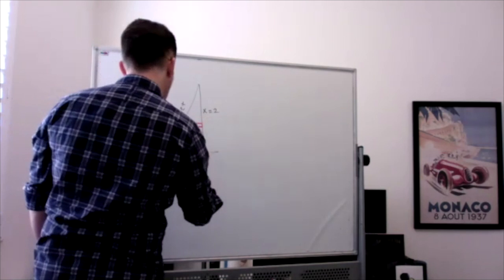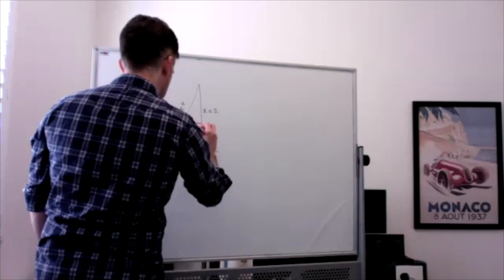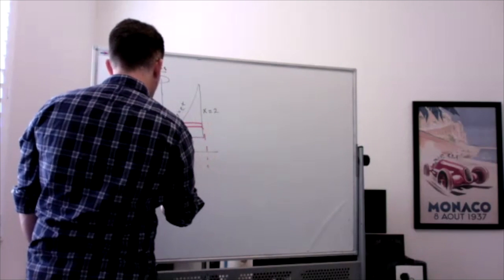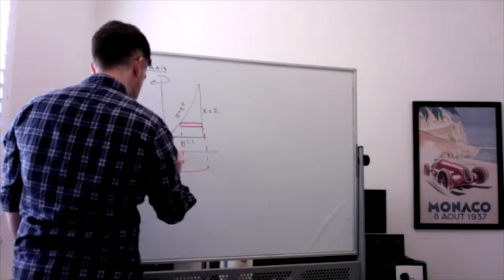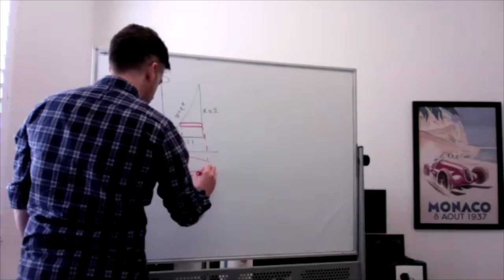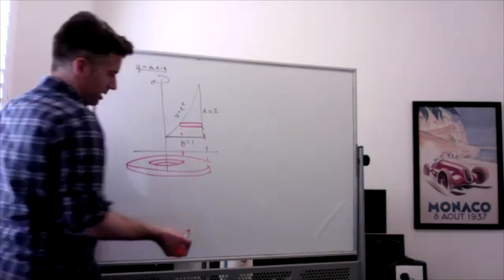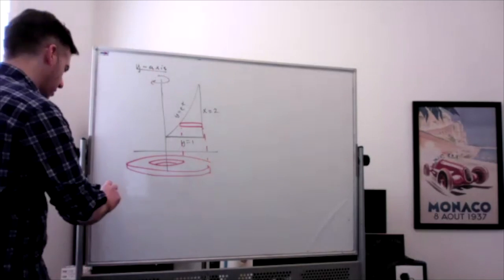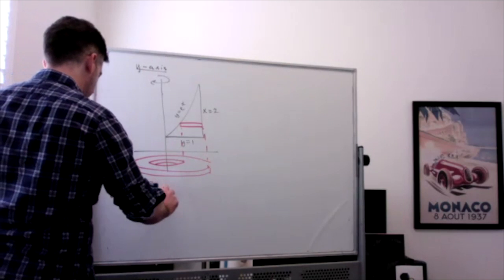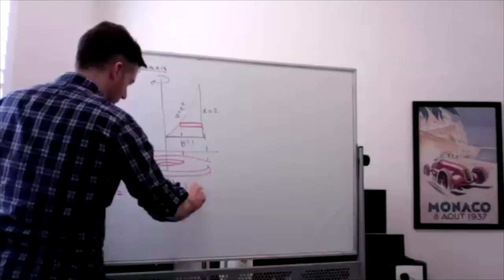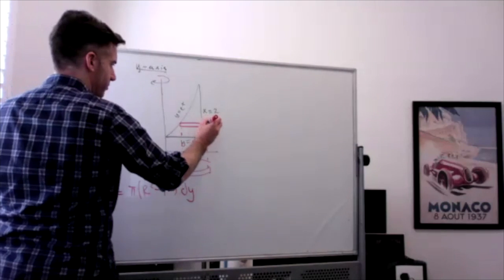When I rotate that around the y-axis, right, I get again a washer. You don't have to draw the washer, I just like to draw it. The volume of that washer is pi times your big radius squared minus your little radius squared, dy this time.